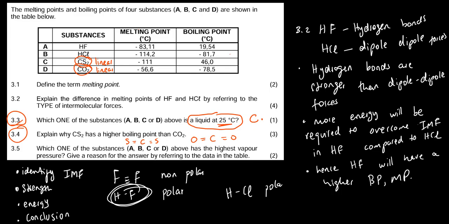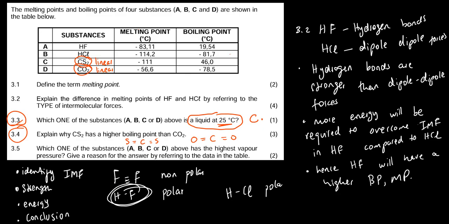Please know that linear molecules, if there are three atoms, then it's gonna be non-polar. But if there are two, you have to check whether they are the same type of atom, right? If they are the same, they become non-polar, but if they are different, they become polar. You understand? So that's what you must always check out for linear molecules.